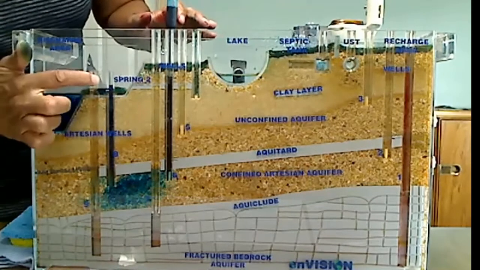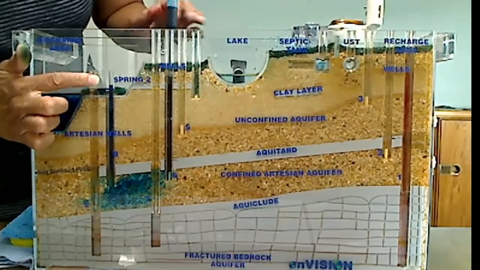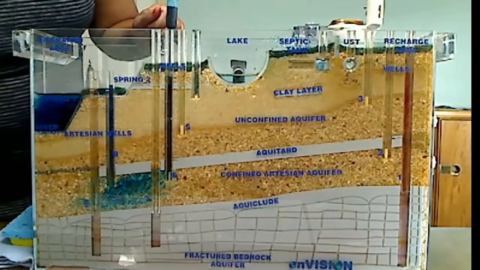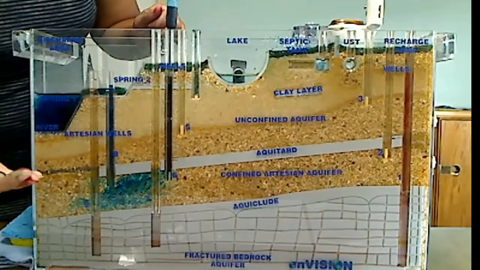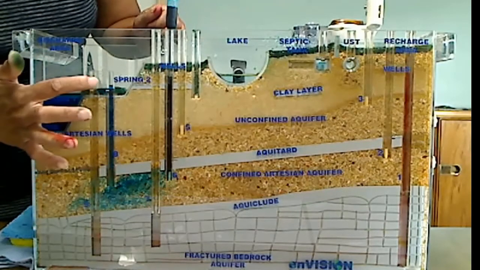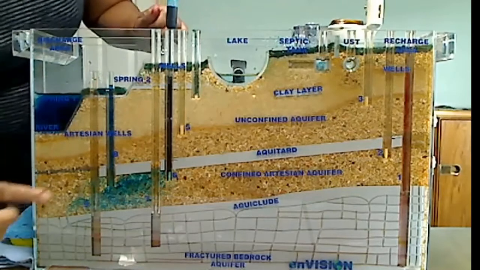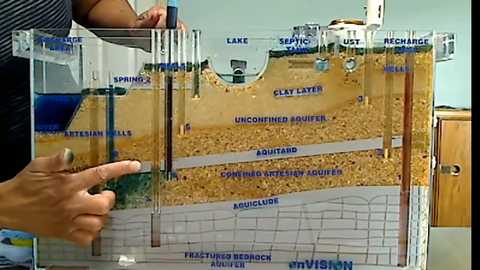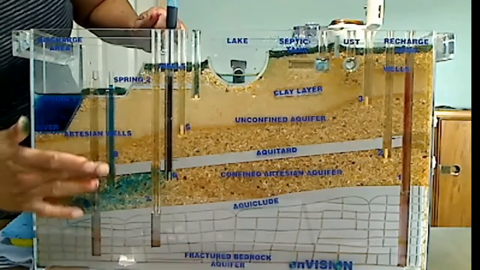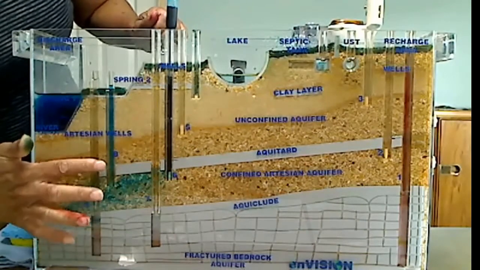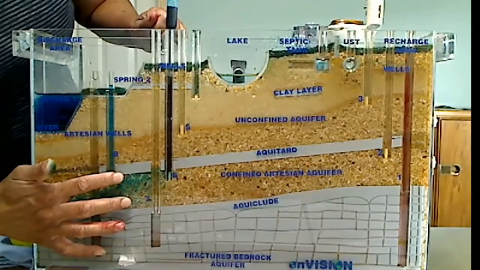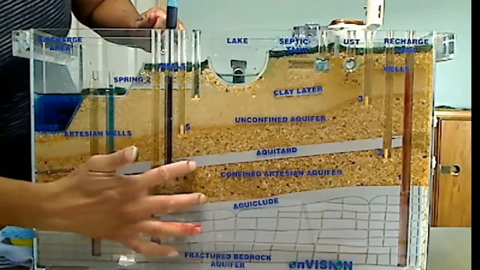And depending on the amount of pressure, you may have that blue food coloring flowing freely through that well or not. So just wanted to show how this confining layer will keep or separate, I should say, the water that's stored in this unit here, and it'll contain it within that area.